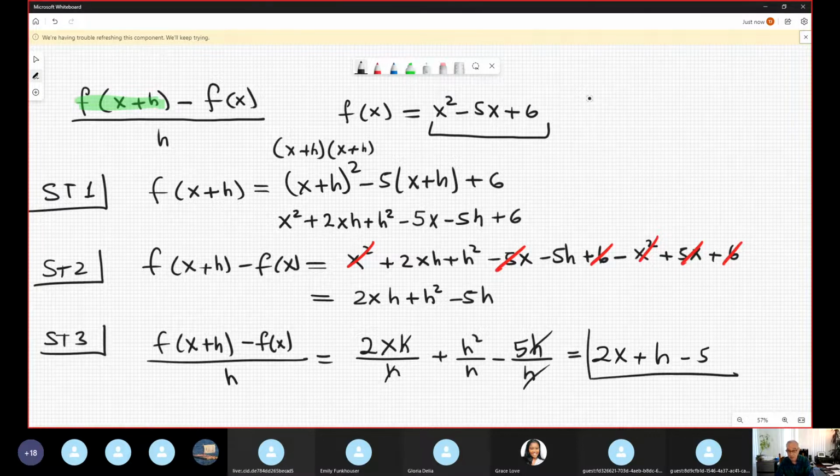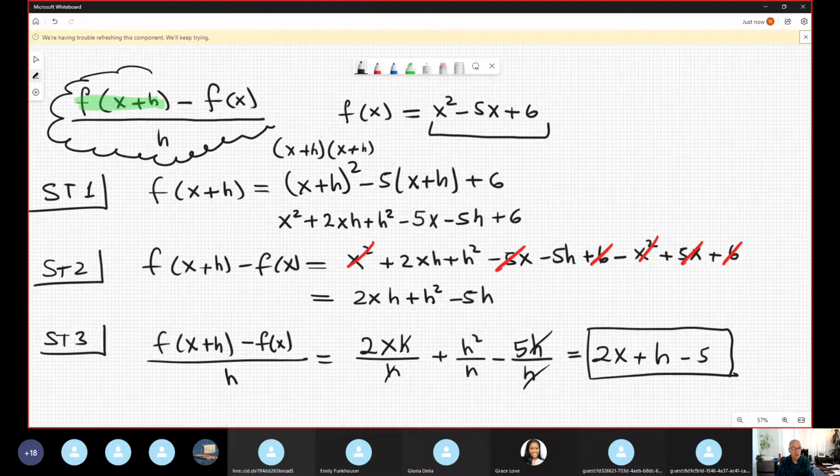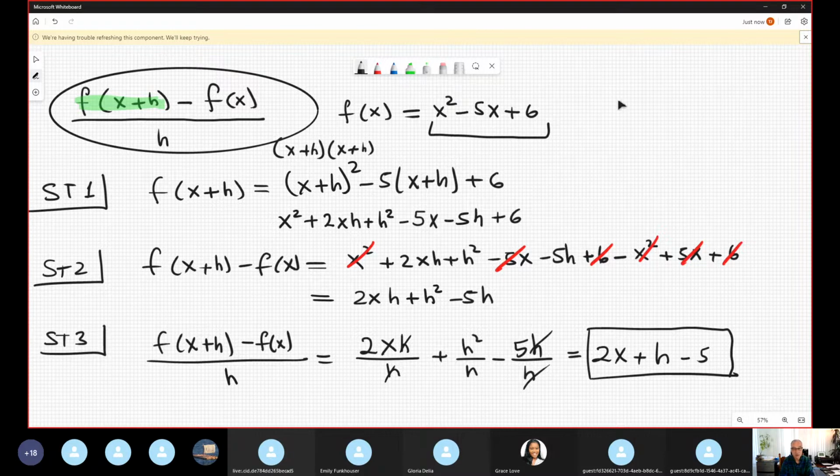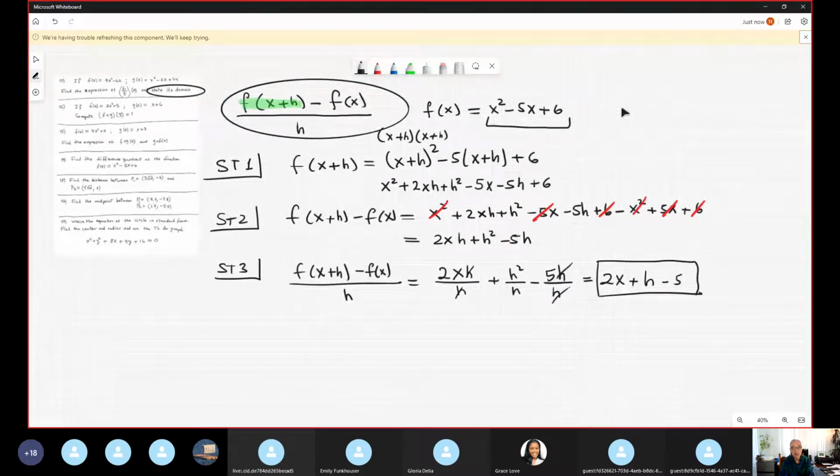This is my final answer of the famous difference quotient that we are using in Calculus 1. But we study it now in algebra, in anticipation. You don't understand very well the meaning of that, but okay. It's important. And this is one application of function notation.